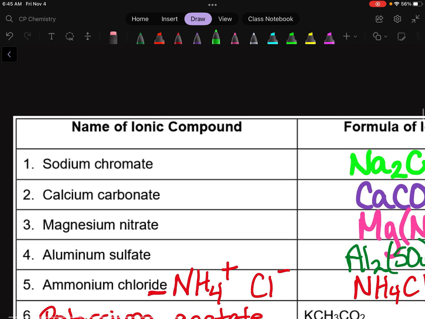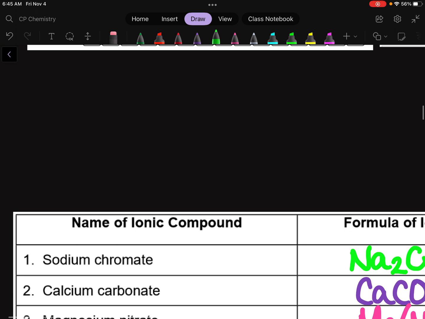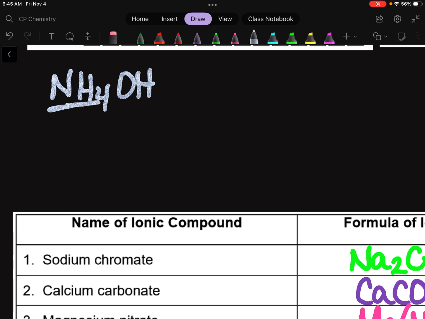Okay, one that you might need to pay attention to, okay, say we have this. If you're looking at the first element in this one, nitrogen, that is a nonmetal. That is not going to be a cation. So this is when you would know that you've got the polyatomic ion ammonium, NH4.